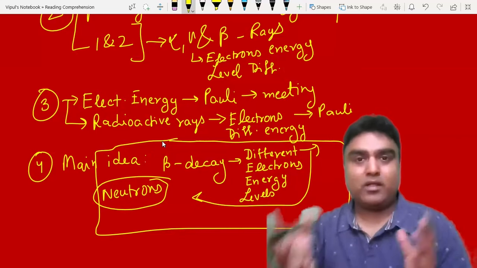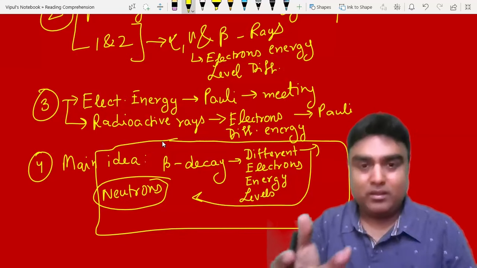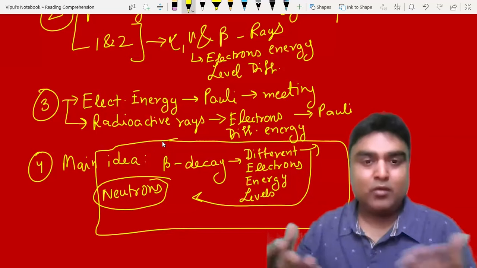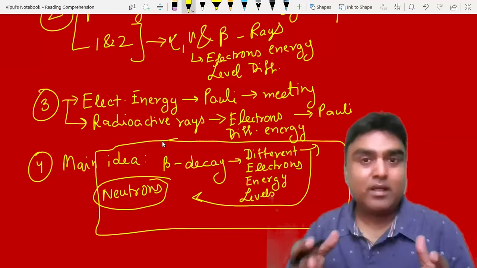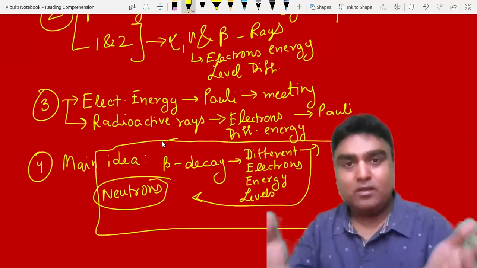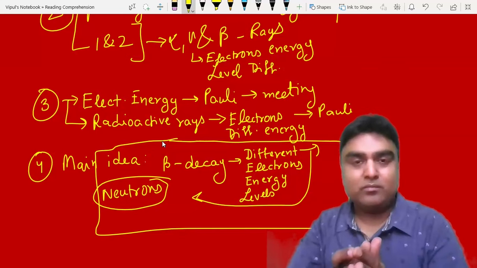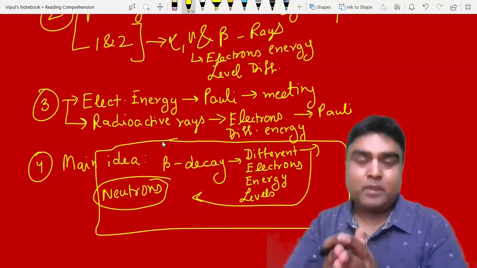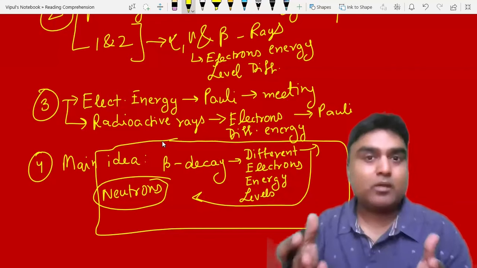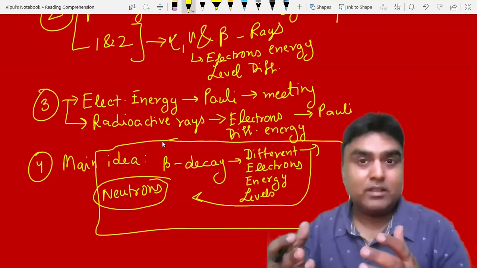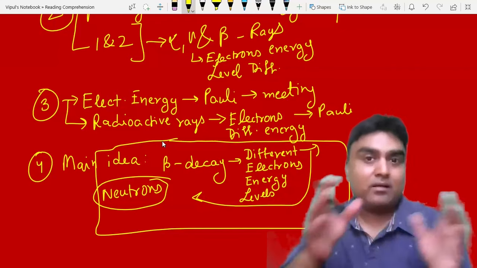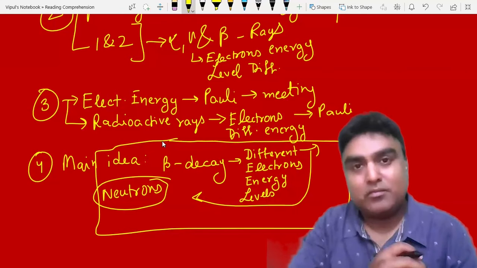We knew only protons and electrons, and I think Pauli has introduced a new particle by the name neutron. So the main idea of all these 5 to 6 or 7 paragraphs was that there's a radioactive decay. They talked about beta decay. They talked about electrons having different energy levels. And then they introduced a neutron to explain those different energy levels.